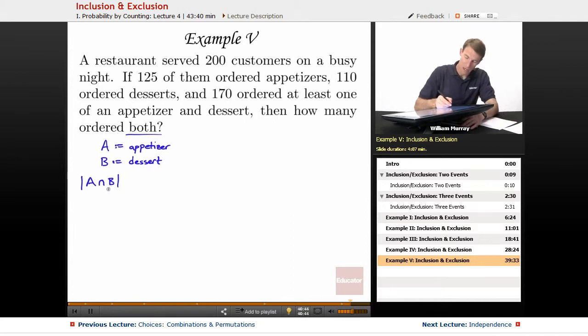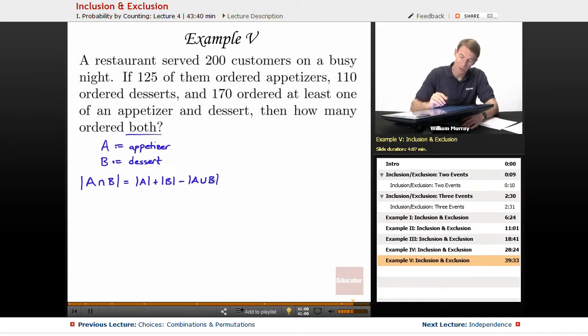Now, our original rule for inclusion and exclusion on two events, if you go back and look at the very first slide in this lecture, we had the formula: the number of things in A intersect B is the number of things in A plus the number of things in B minus the number of things in the union. And we can calculate all of these directly from the problem stem.